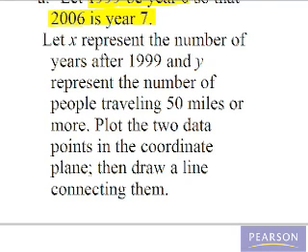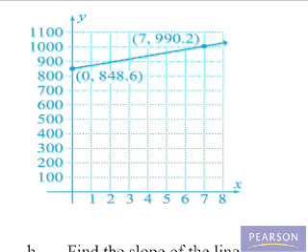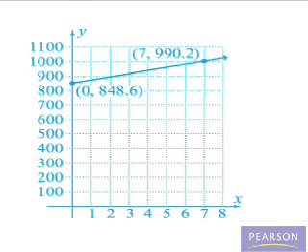To do this, we have the coordinate system set up where y represents the number of millions of people who travel 50 miles or more for leisure. x represents the number of years after 1999.